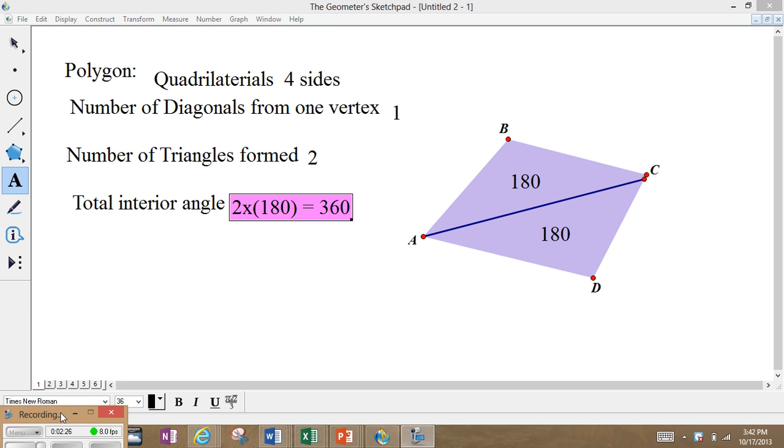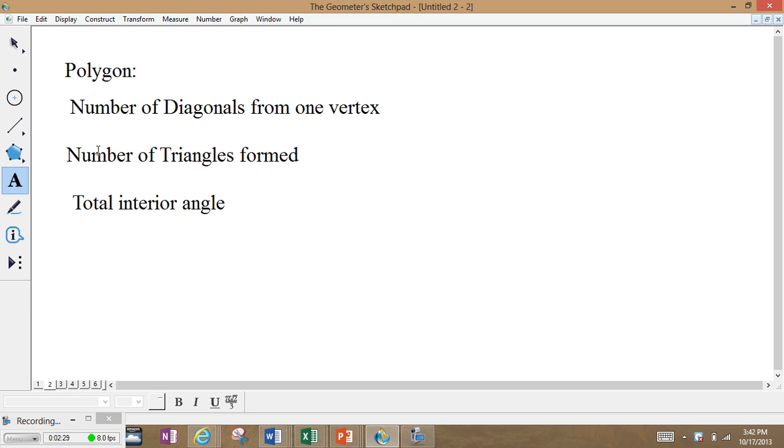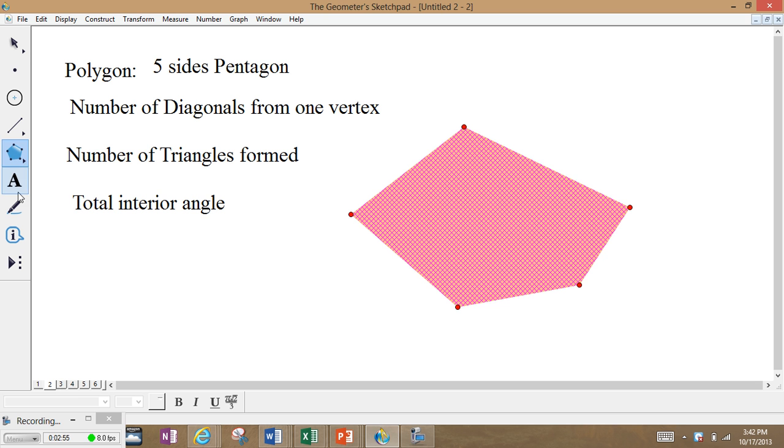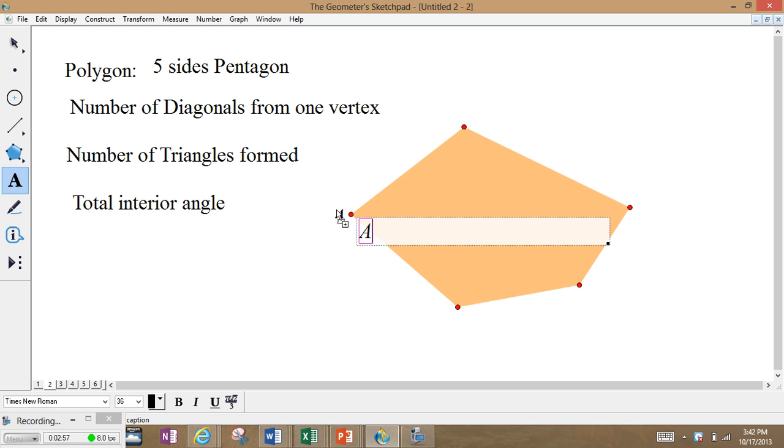Let's go on and look at the 5-sided figure. A 5-sided figure is known as the pentagon. To draw the pentagon, again, I can go right to my polygon tool, click on the polygon tool, 1, 2, 3, 4, 5, double click. Name the vertices and move on from there.